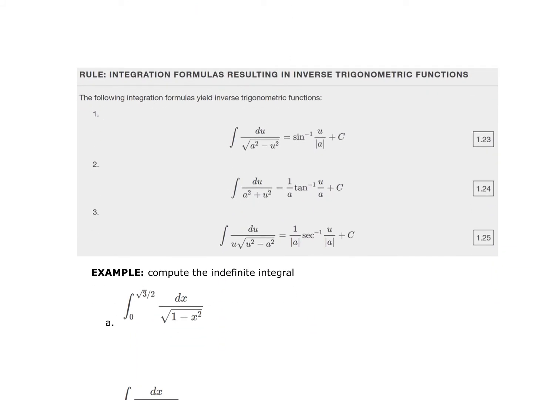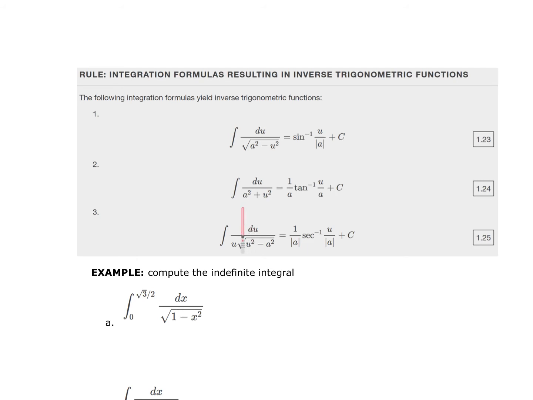Now, when we are looking at trig integrations, you will notice on the trig integrations up above, when we did the derivatives, we didn't have this a business. We had 1 minus u squared. Everywhere you see here, you have these a's.